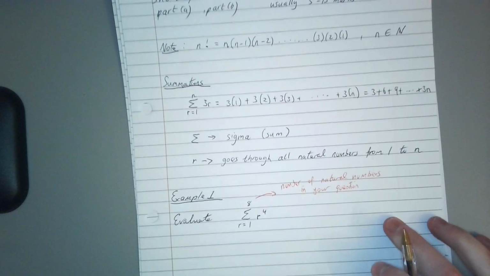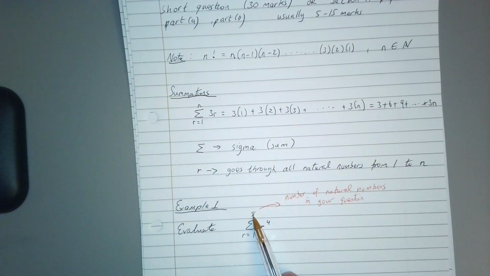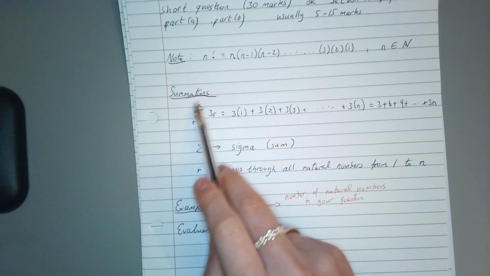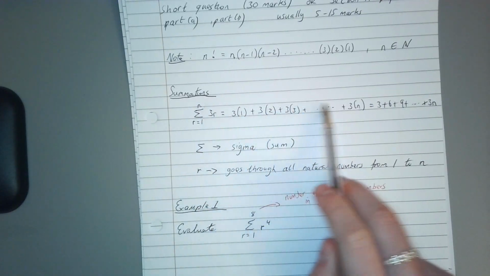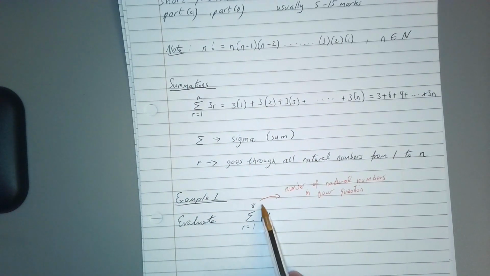So for example, when we go back to here, n was up the top, whereas in this one we've got 8. So 8 is the number of natural numbers in our question. Because we don't know the amount of natural numbers here, that's why we have to continue on to 3 times n, whereas we know what n is now, so we can only go up to the number 8.